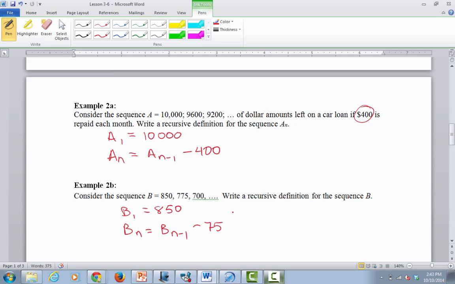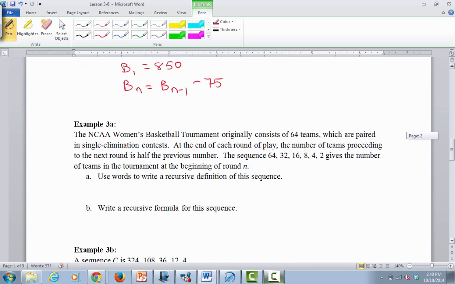All right. So now that we've got that, we're going to get into some word story problems that are more likely to be realistic. The NCAA women's basketball tournament originally consists of 64 teams which are paired up in single elimination contests.